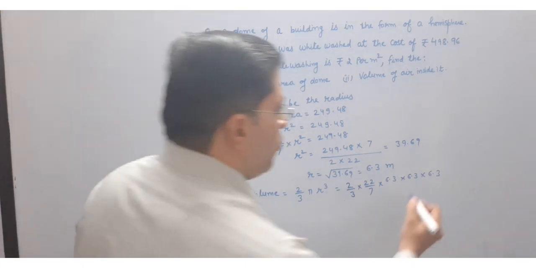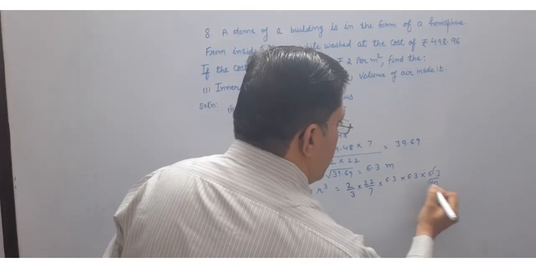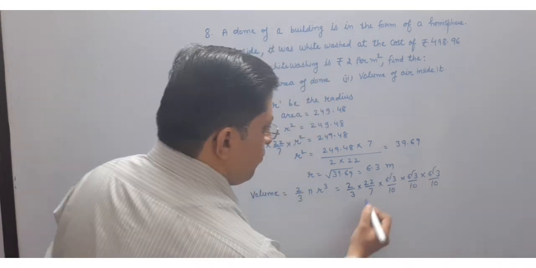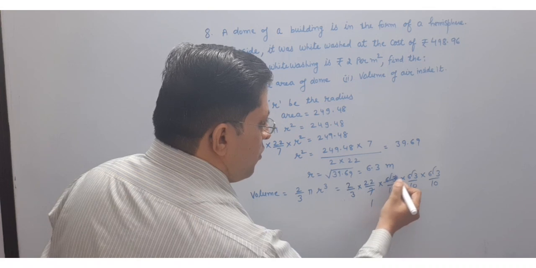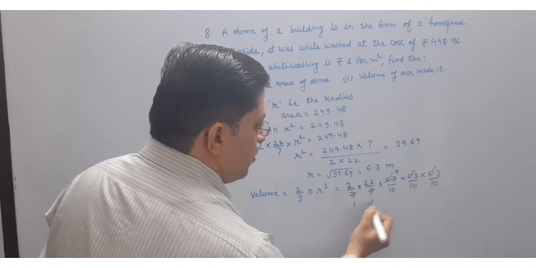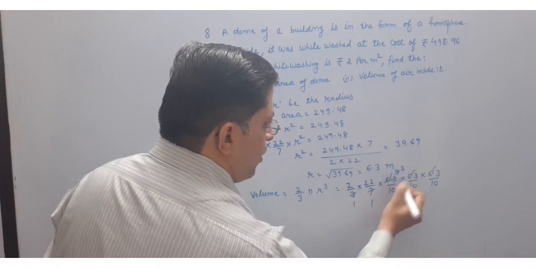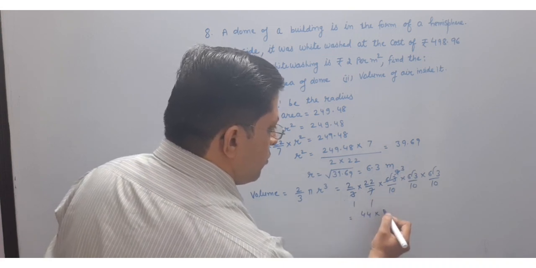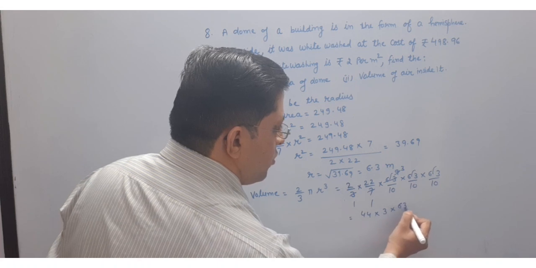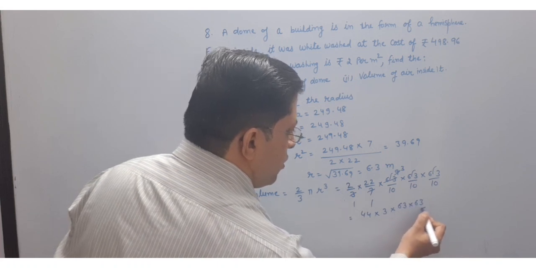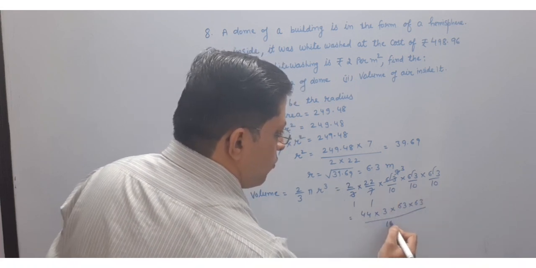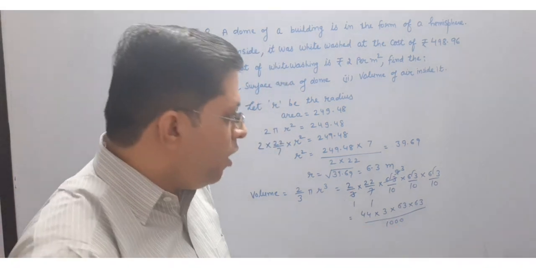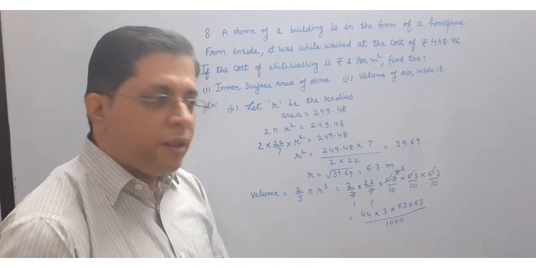Remove the decimals, giving 63 upon 10 each. 7 ones are 7, 7 nines are 63. 3 ones are 3, 3 threes are 9. Here is 44, here is 3, here is 63, here is 63 upon 1000. After that, you have to multiply it and you can get the answer.